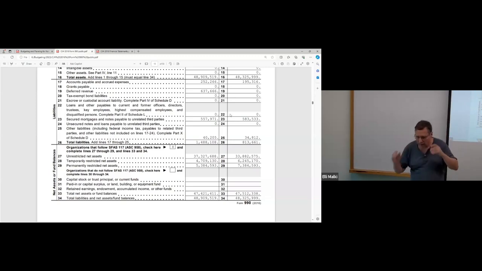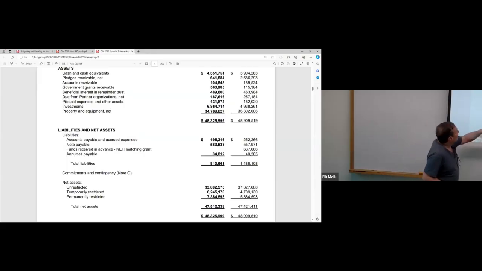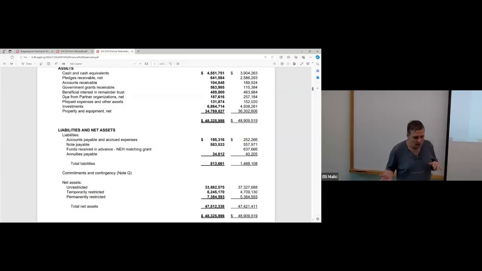Okay? And again, if we go to the financial statements, you can see the same numbers, the current liabilities and the long-term debt. And again, in the Israeli format, these numbers will appear in separate boxes, current liabilities and long-term debt.